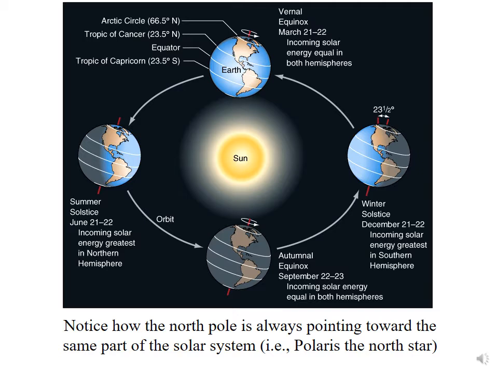And then as we move towards the summer solstice, the northern hemisphere is illuminated more than the southern hemisphere because of the tilt of the Earth. And then during the winter solstice, the opposite is the case, and the southern hemisphere is illuminated more than the northern hemisphere.